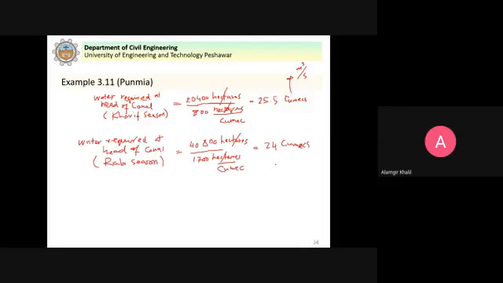Thus, the water required during Kharif is more than that in Rabi.